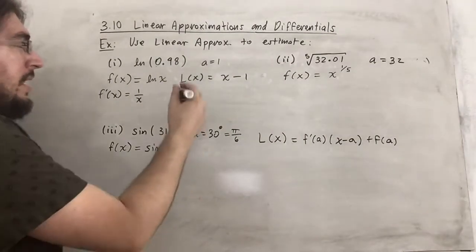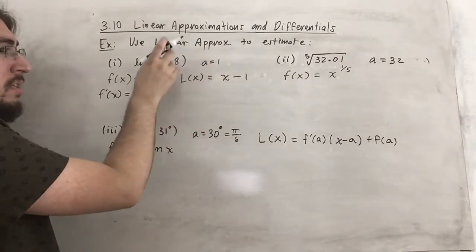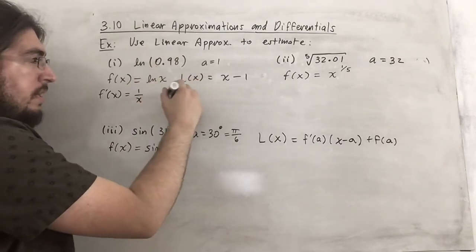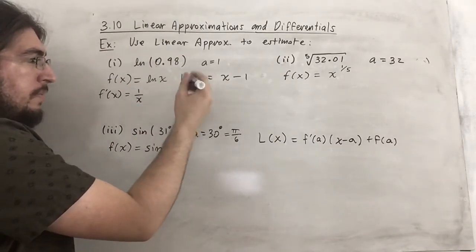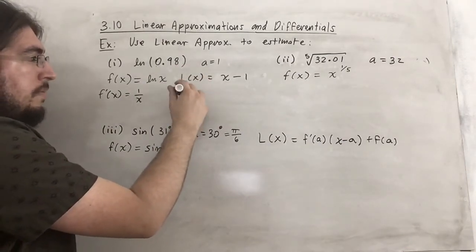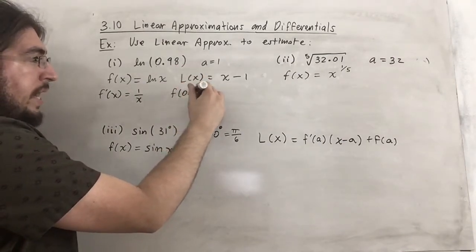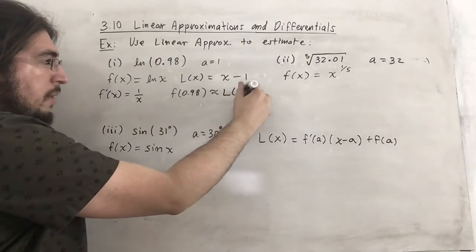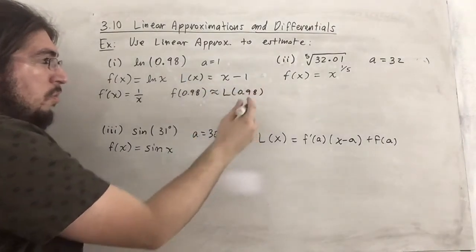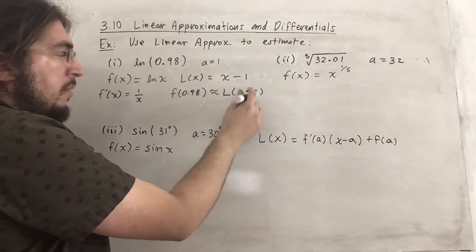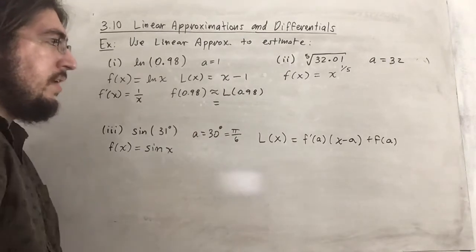So with that being said, since 1 is close to 0.98, or the other way around, then from here, linear approximation tells us the following. It basically tells us that f of 0.98, which is ln of 0.98, by the way, is approximately L of 0.98 because 0.98 is close to 1, which is our a value, and L of 0.98 is easy to evaluate.